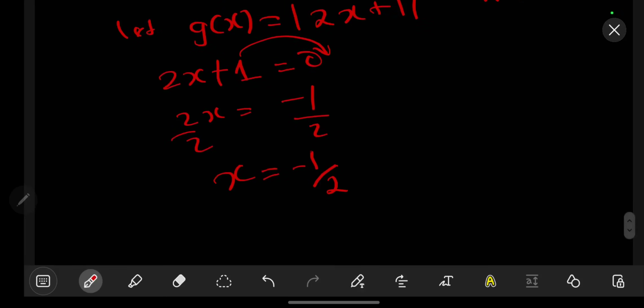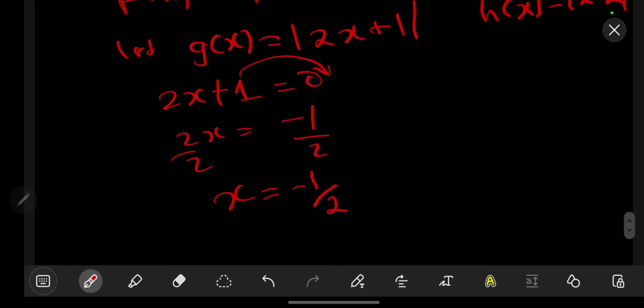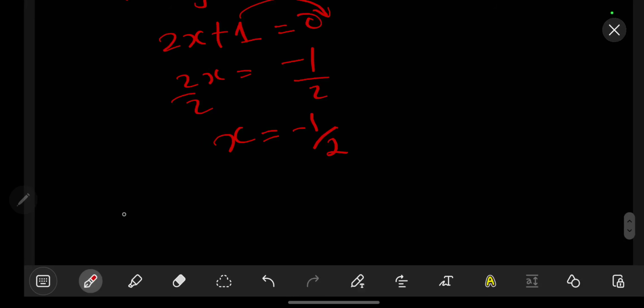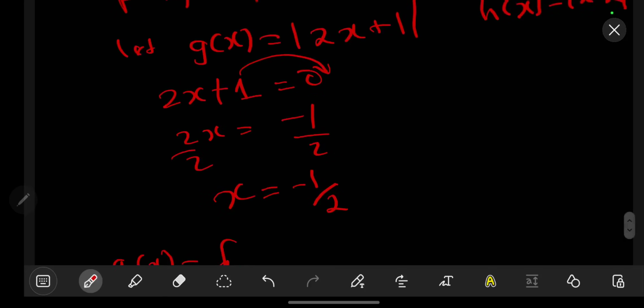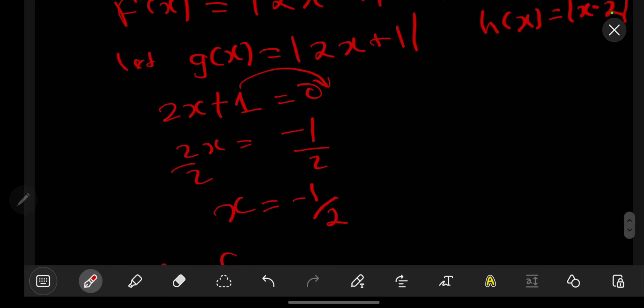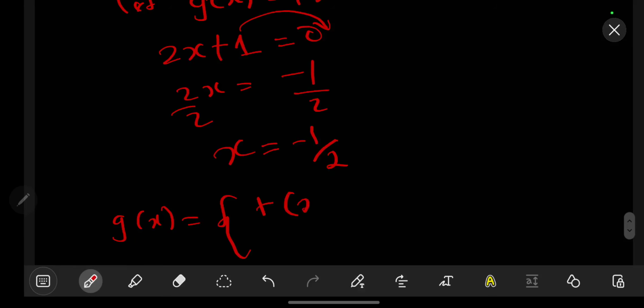So now with this value, you are able to redefine the equation by saying f of x should be equal to, you are forming a piecewise function. You are going to have this same value when it is positive. When you take it to be positive, it will be such that x should be greater than or equal to negative 1 over 2.